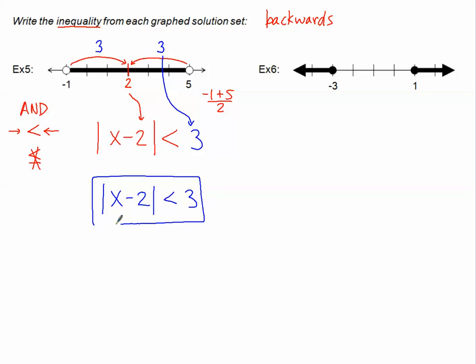Now, if for some reason you're unsure if you are correct or not, some people tend to mix up the two numbers, you can always solve what you think your answer is and see if your graphed solution set is exactly this. On our state test, when they're asking you to do these backwards problems, they're going to give you 4 answer choices. You could solve each one of the answer choices and see which one is the graph. And you could sort of go forwards on their backwards problem.